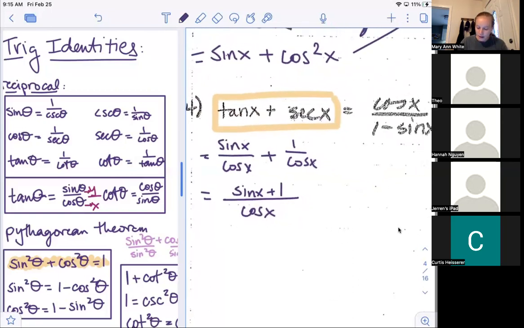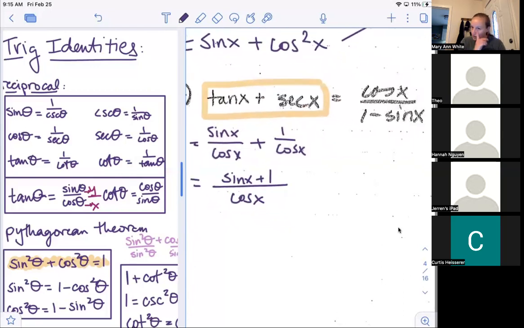Okay, this is where I like to check where I need to go. I don't really know what to do next, but I'm not at my finish line yet. What I do see, and I kind of know this because I've done a lot of these, but I'm trying to give you guys an insight on what to look for, is that I need to get 1 minus sine x on the denominator.